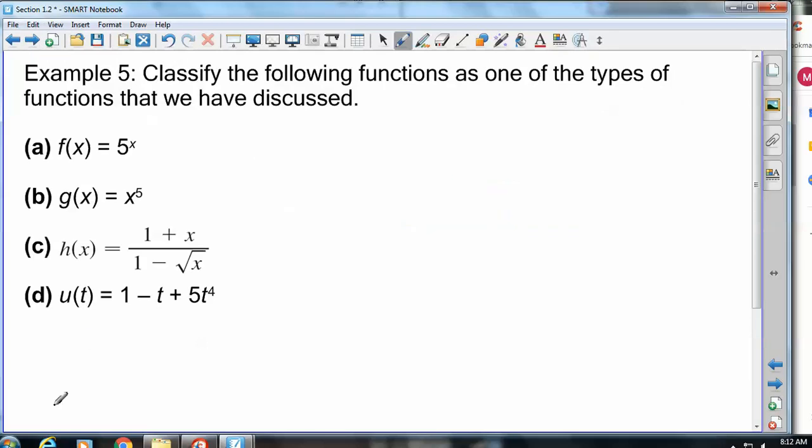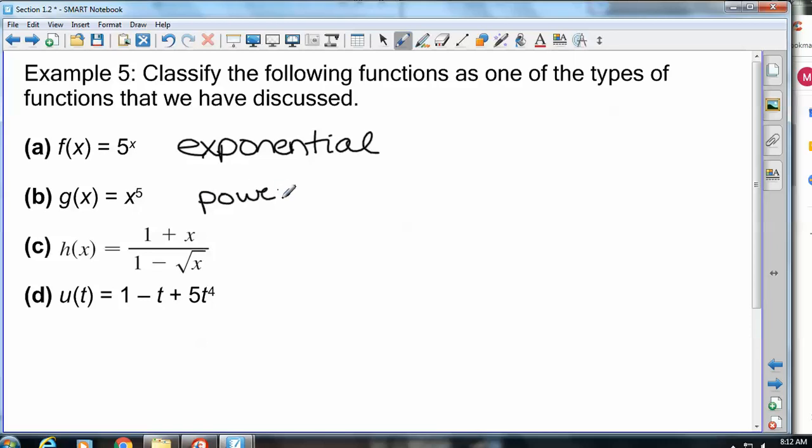So, this example, I just want to see if we can classify each of these functions. So if it's 5 to the x power, variable's in the exponent, that's exponential. What is x to the fifth? There's really 2 different things you could call this.